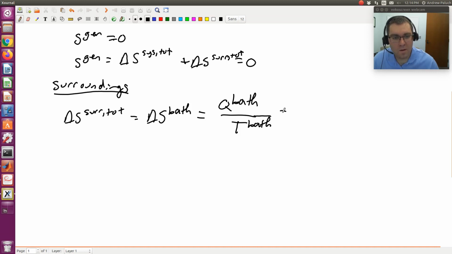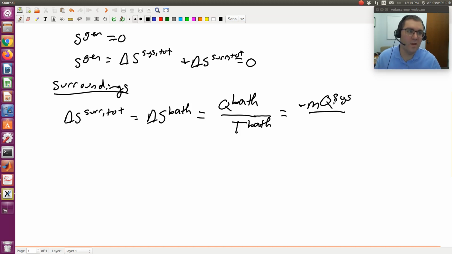Now Q bath, in this case, heat is going to be received by my bath. The amount of heat received by my bath is the opposite of the heat given by my system. So Q bath is equal to, and I want total, negative M times Q of my system.